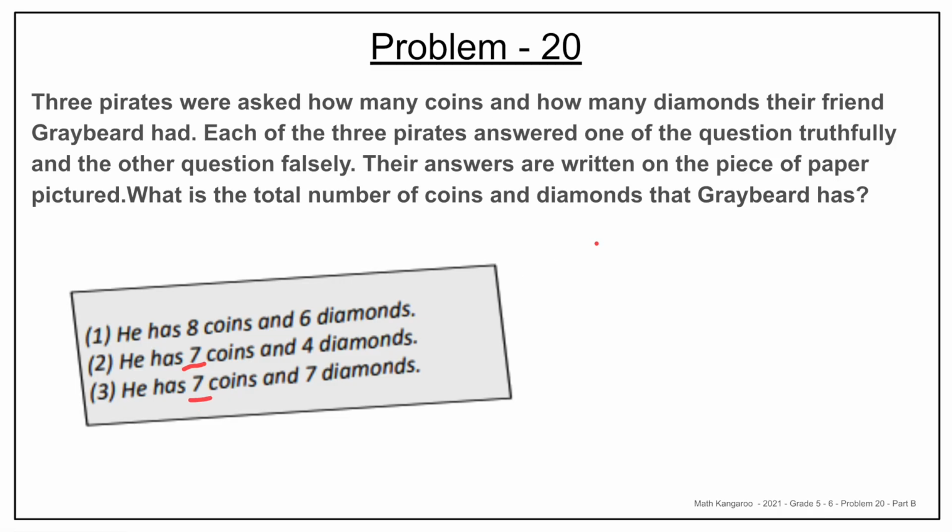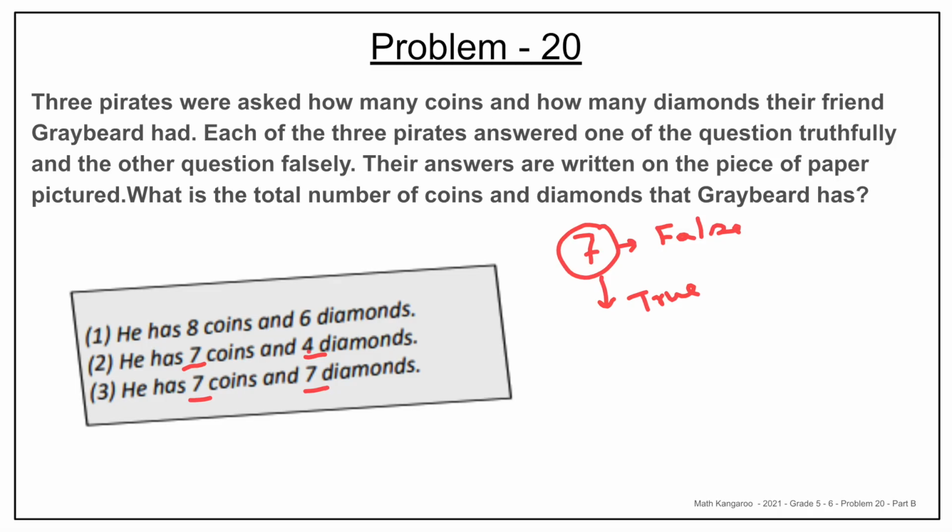So if we say that 7 coins were false, then both 4 diamonds and 7 diamonds would have to be true. But Greybird can't have 2 different diamond counts. So this means 7 is true. Now we test which diamond count fits.